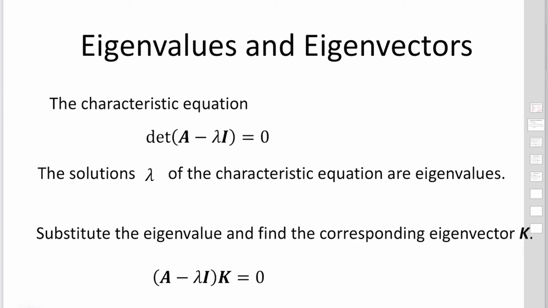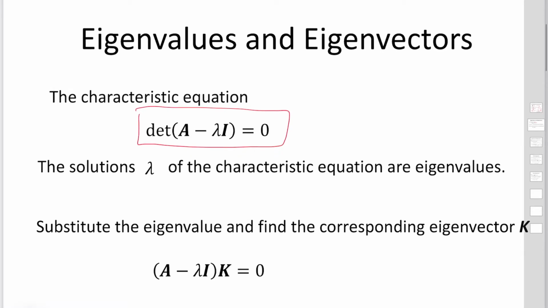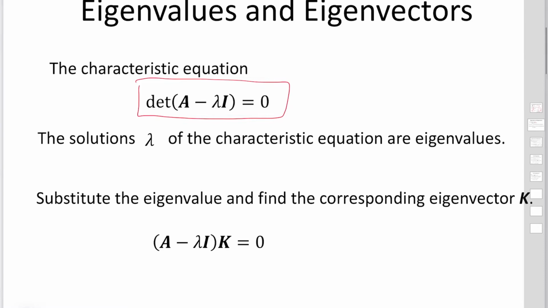Eigenvalues and eigenvectors. As I explained, we have a characteristic equation: the determinant of A minus lambda I equals 0. By solving this characteristic equation, we could find the lambdas. Once we find the lambdas, we need to find the corresponding eigenvectors.